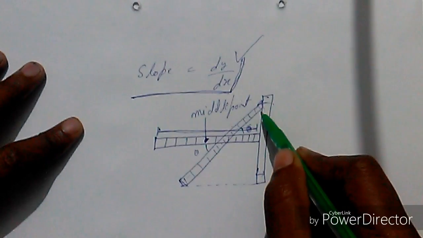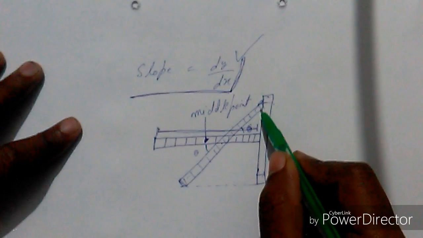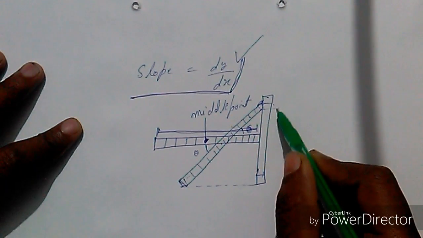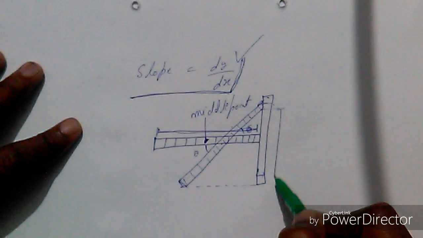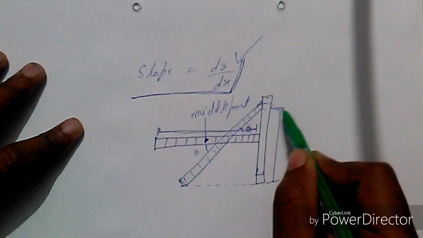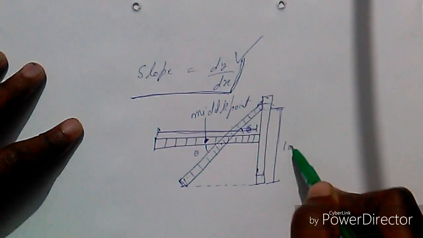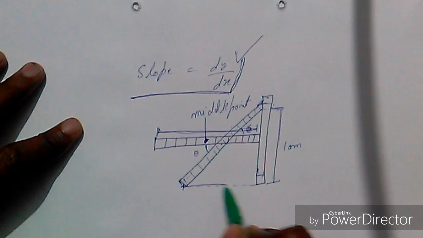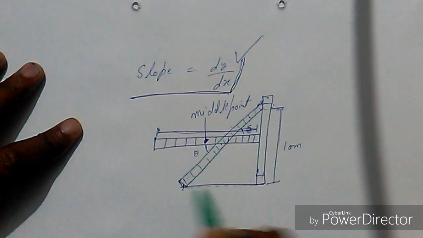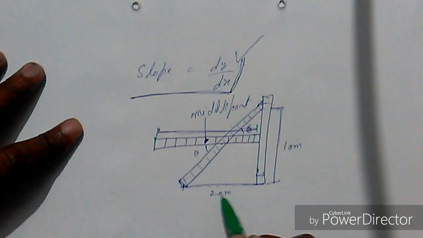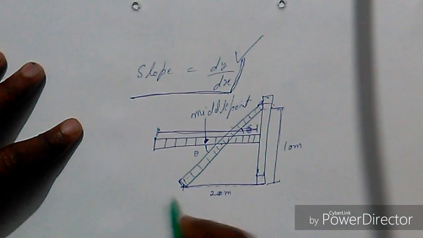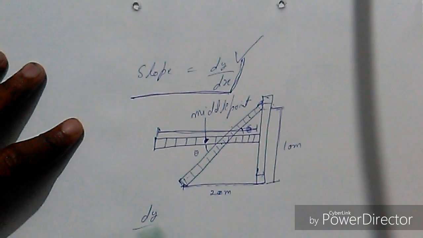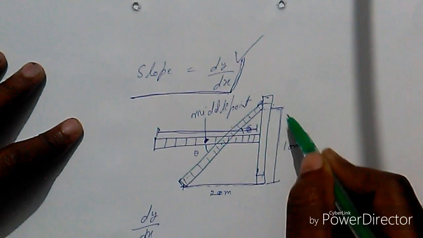Just think that the height of this wall from this point is 10 meters, and the base is 20 meters. Then what is the derivation? Dy by dx, it is a small change.